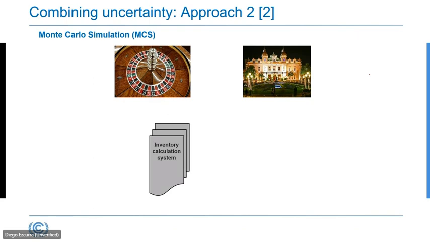The Monte Carlo simulation technique is applicable to a very wide range of other activities. It's not specific for GHG inventories at all. So you may use this technique for whatever other thing you would like to.